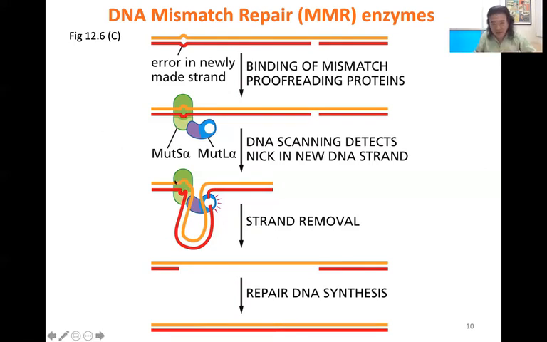When they encounter one, they're scanning, and they detect that there's a disruption in the strand. They will go ahead and initiate the removal of that section of the DNA so that polymerase can come back and fill in the strand and hopefully get it right.